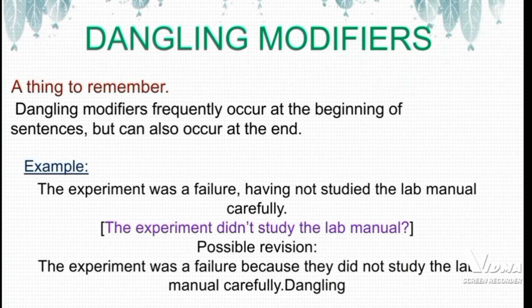The possible revision is, the experiment was a failure because they did not study the lab manual carefully. The dangling modifier here is the phrase having not studied. We should point out who the subject is, or who the noun being modified in this sentence is.